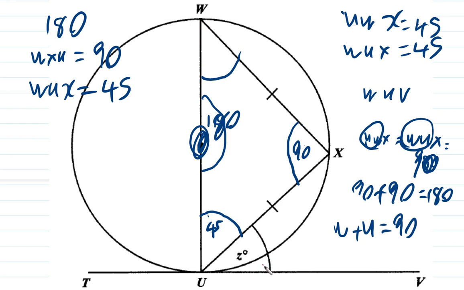Now, the angle subtended at the circumference, that is at point X, is half the angle on the chord UW at the center. So it is half of 180, so it is 90. We could continue writing and show some figures.